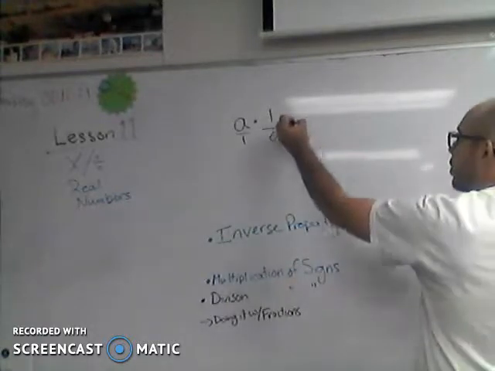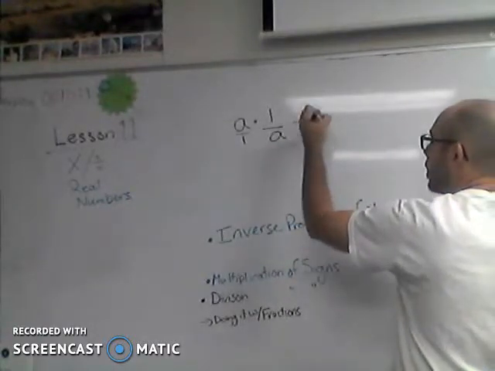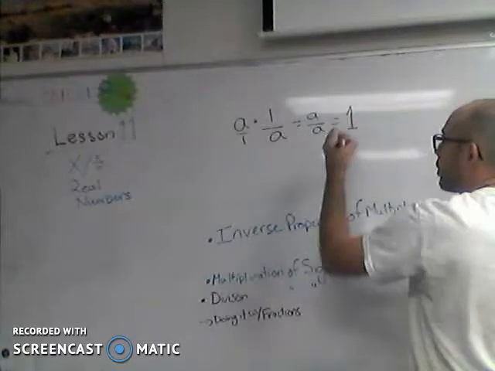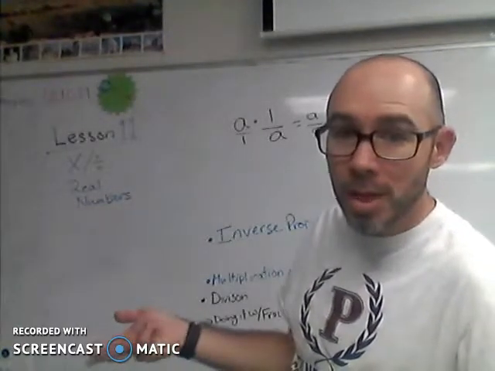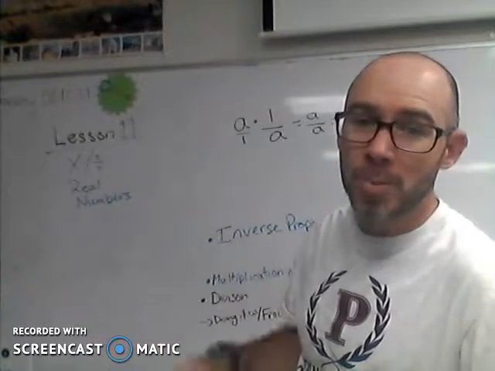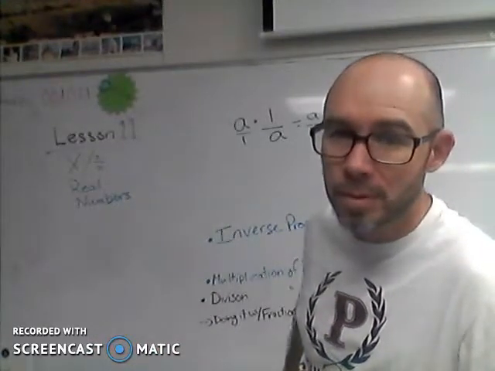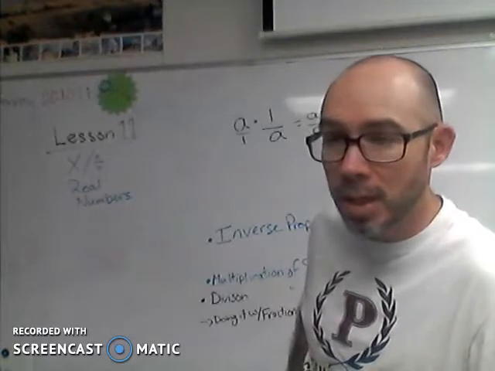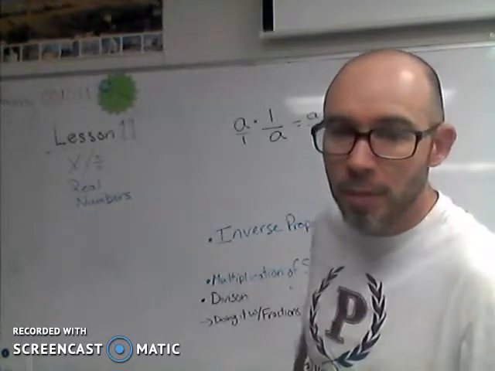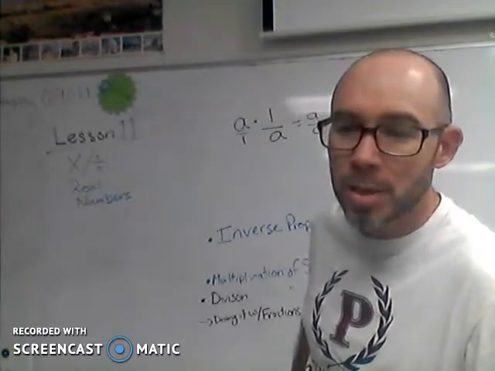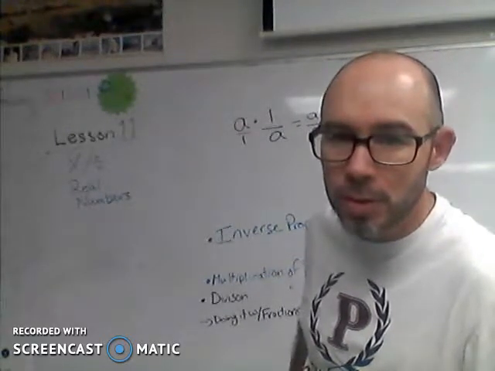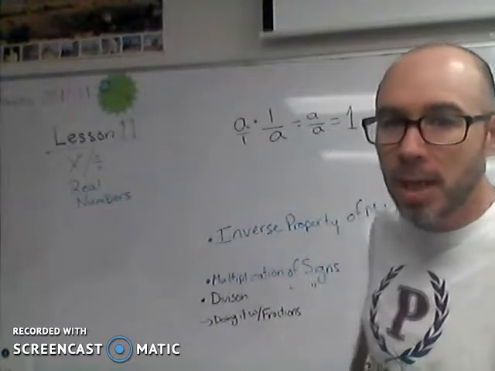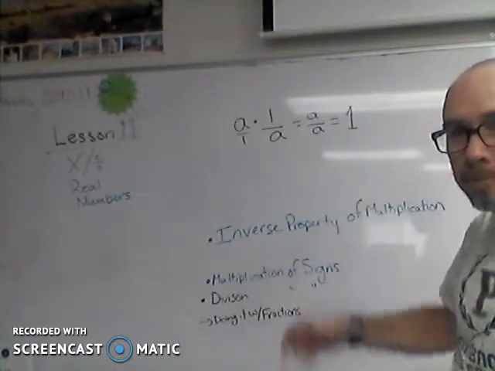This turns into a over a, which equals 1. So if you want to undo multiplication, you can multiply by something's inverse. That's going to be very handy as we solve equations. If you want to undo multiplication, you can multiply by an inverse.